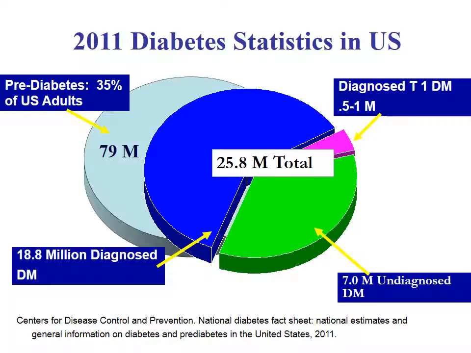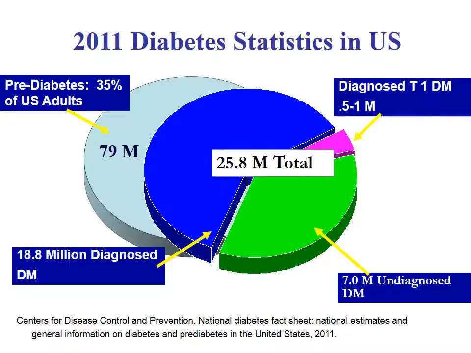Prediabetes affects 35% of U.S. adults. By the year 2025, the total number of American adults with diabetes is expected to reach almost 22 million, and it is estimated that by 2050, 1 out of 3 individuals will have diabetes.